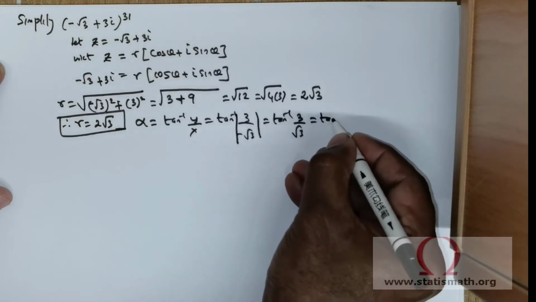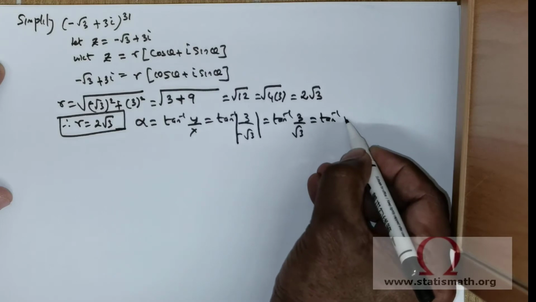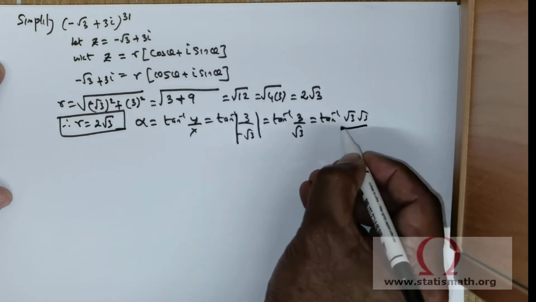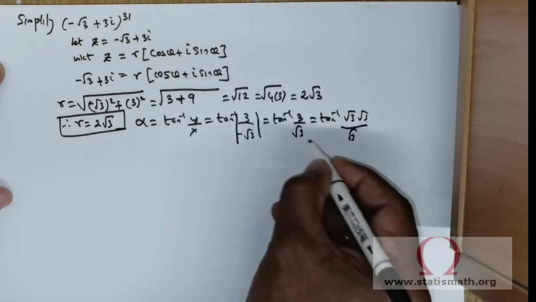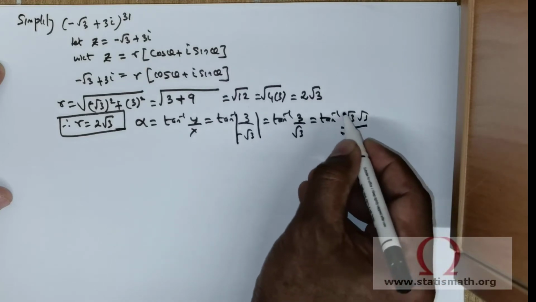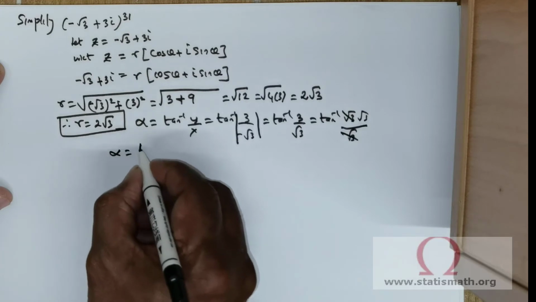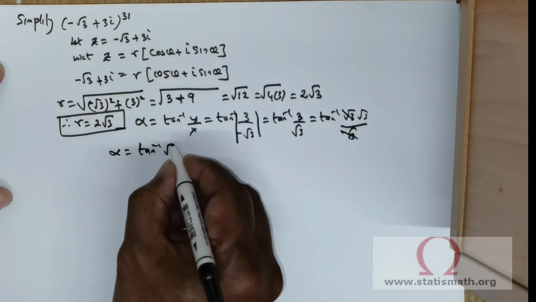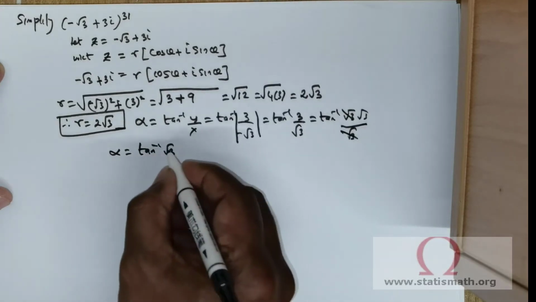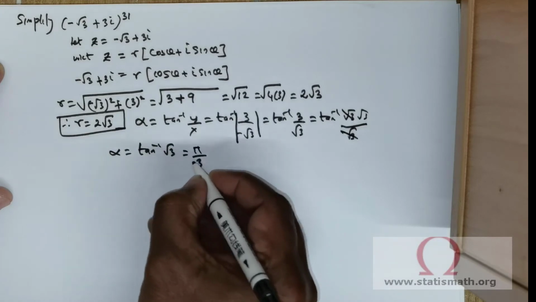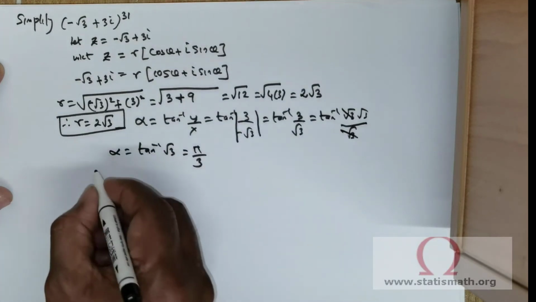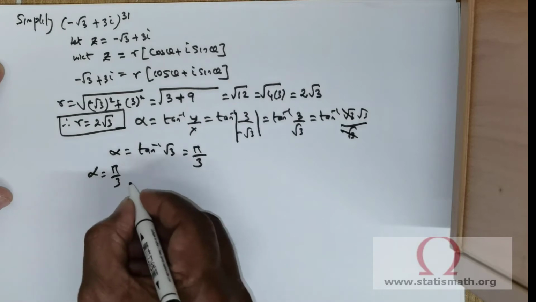Writing 3 as root 3 times root 3, the root 3 gets cancelled, giving alpha equal to tan inverse of root 3, which is pi over 3.